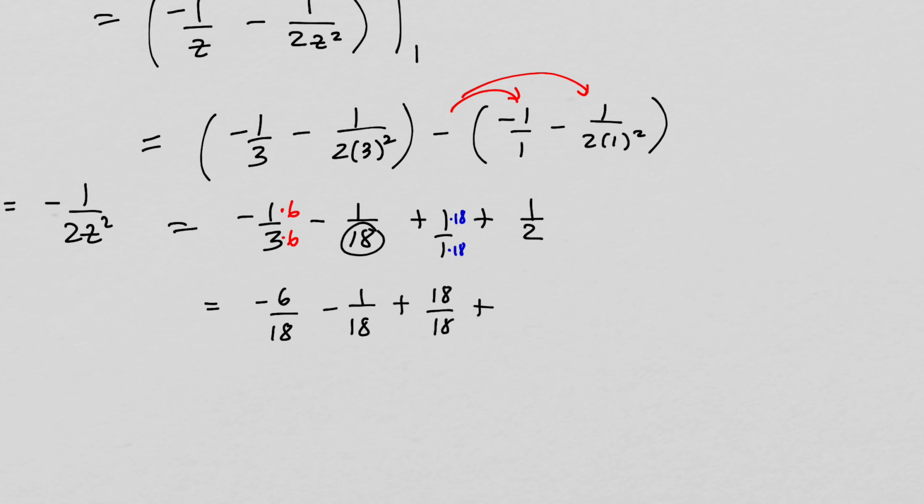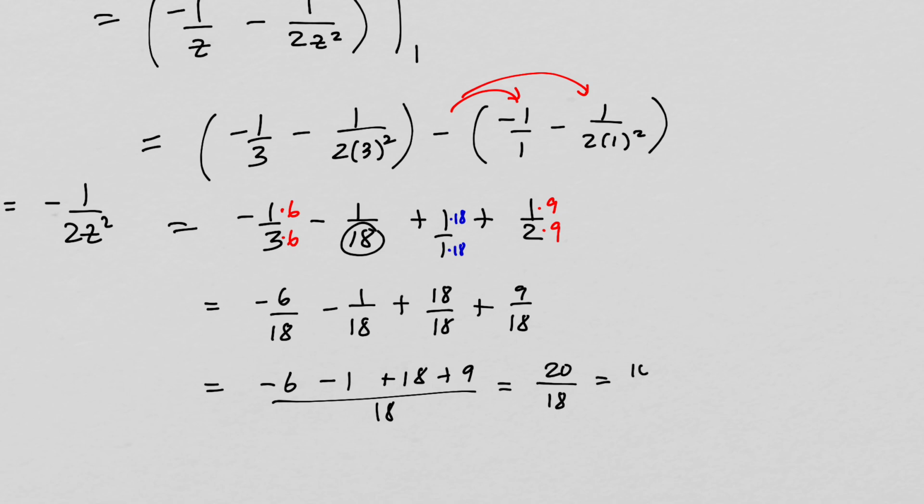Plus, and then finally here I can multiply by 9 over 9, and that gives us 9 over 18. And now I'm just going to add negative 6, negative 1, positive 18, and positive 9, all over 18. And if we add these up, we get 20 over 18, which simplifies to 10 over 9.